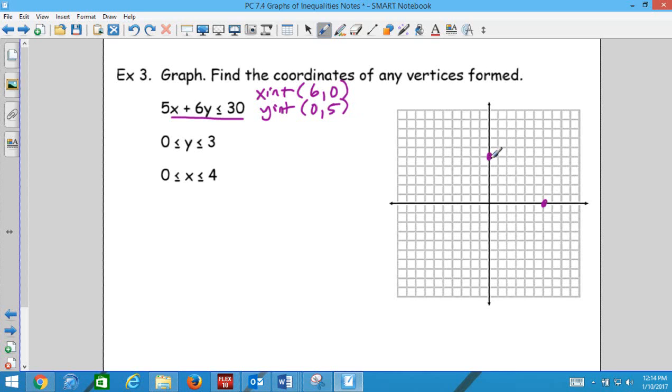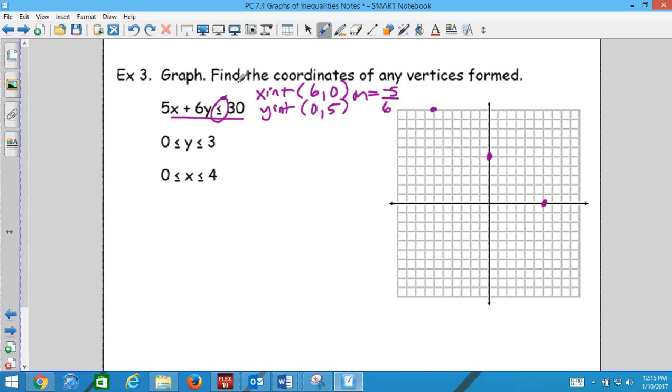And it's really up to me if I want to do the slope also. But I only need 2 points to connect. If you want to do the slope, you can do more. The slope would be -5 over 6, and you go down 5 over 6. But I don't think that helps you. This one might help you, but not much.